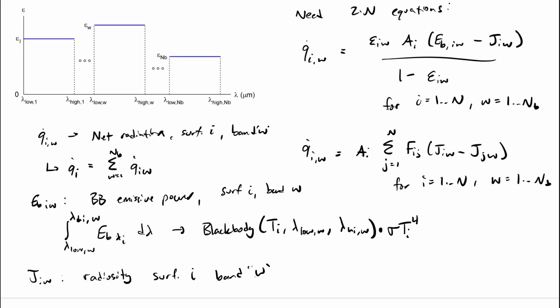So the general methodology is really not different from what we've already talked about. It's just now instead of having n surfaces with n energy balances and we're exchanging radiation on the entire surface, or the entire wavelength, now we're discretizing, doing the same energy balance n times NB times.